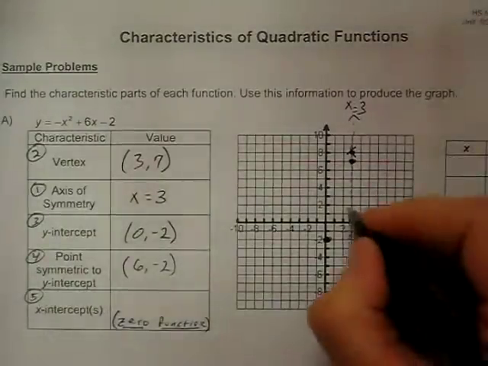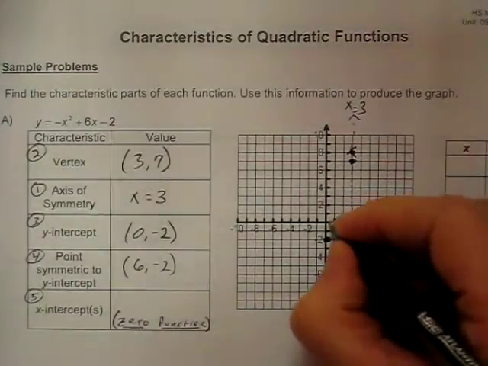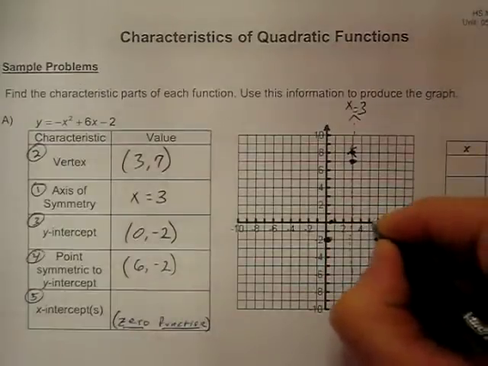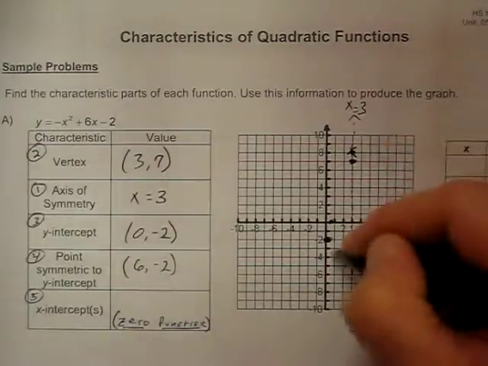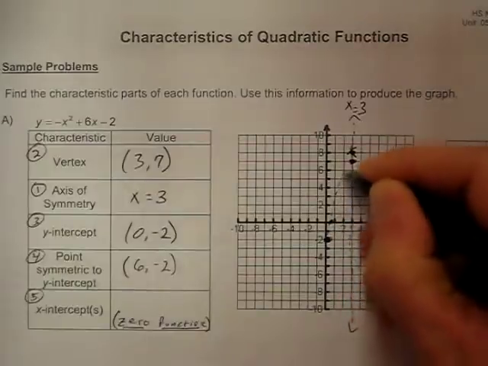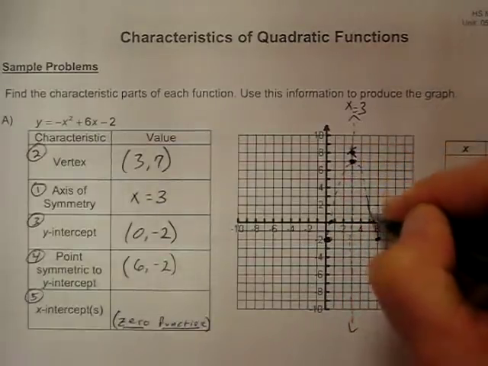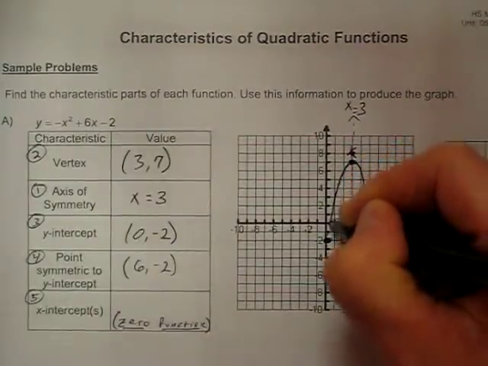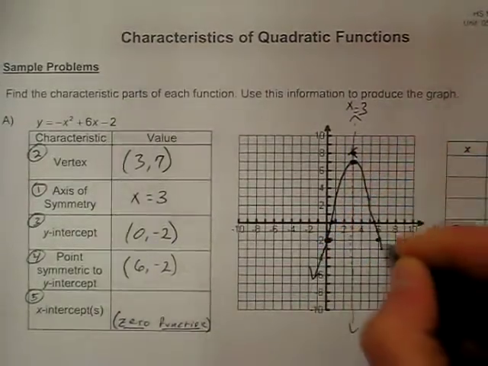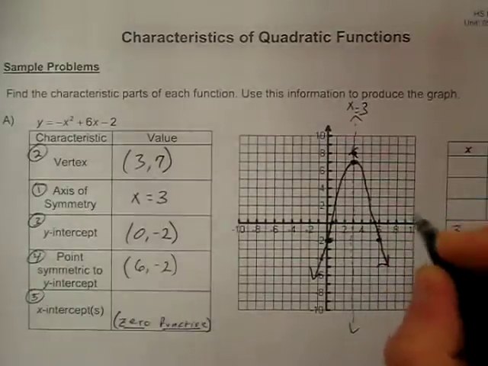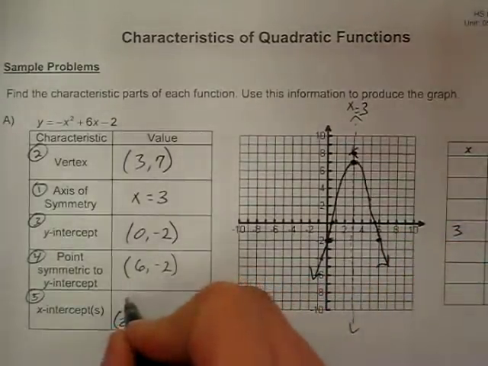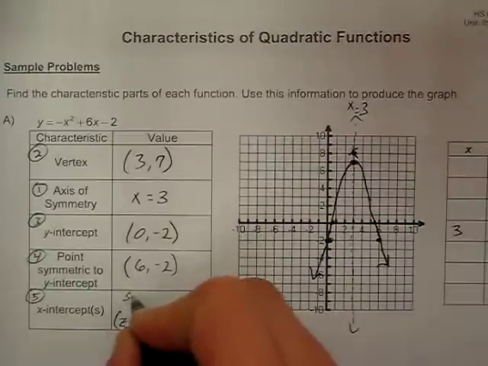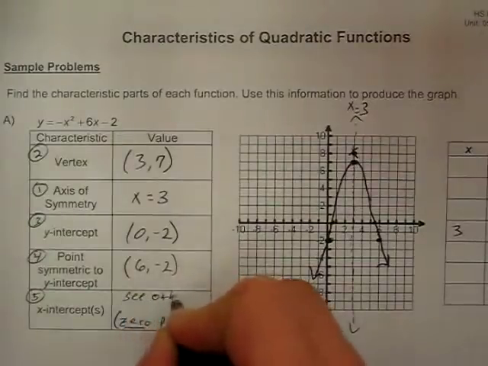For right now, I'm going to tell you that it's about here, and it's about here. Okay, these are approximations. There's my quadratic. Okay, and I'm going to go back and make it solid. I just want to make sure I didn't mess up. Okay, and I'm going to put here, see other video.